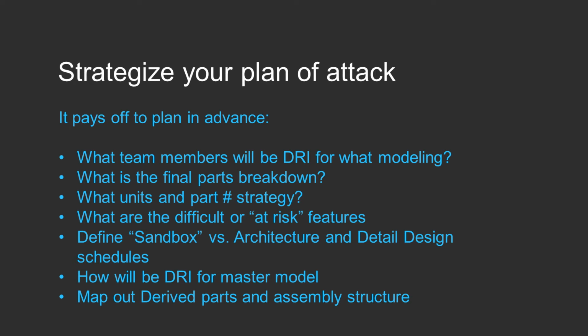That will be driving a lot of derived parts. And then as you have individual team members working on those derived parts, they need to understand how they relate to other team members working on other parts of the program.